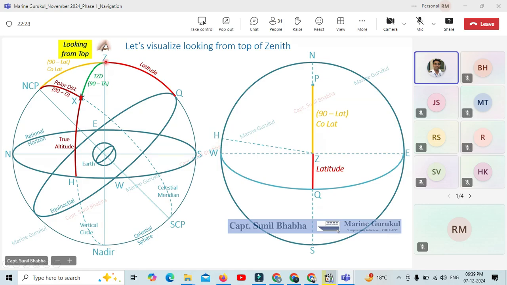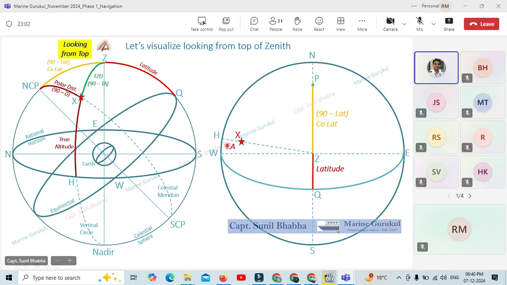Again, somewhere in between the Z and H points, you will have the celestial body, that is the star, which is represented as X here. So let's mark the celestial body also now in our rational horizon diagram. Somewhere between Z and H, we will have the celestial body shown here, represented by X.